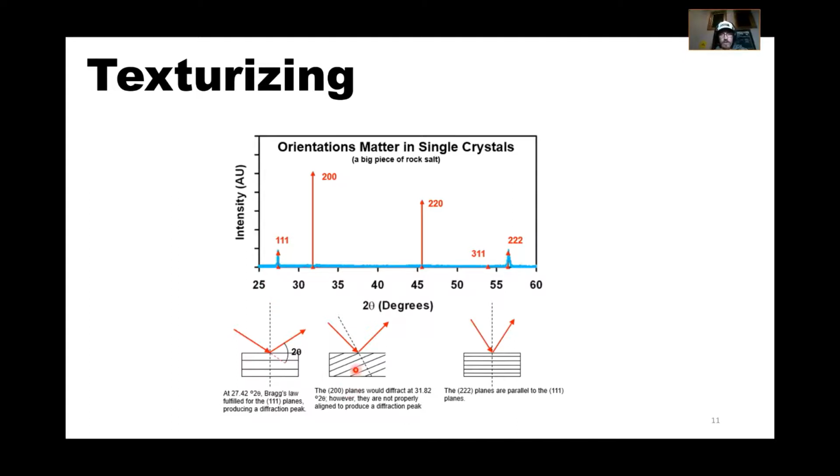Because of the orientation, this is single crystal, right? You can't see these other peaks, so you can't see the 200 or the 220 planes. You can see 222 simply because 222 is just the half step of 111, so it's pretty much the same orientation, and you can't see 311 either.